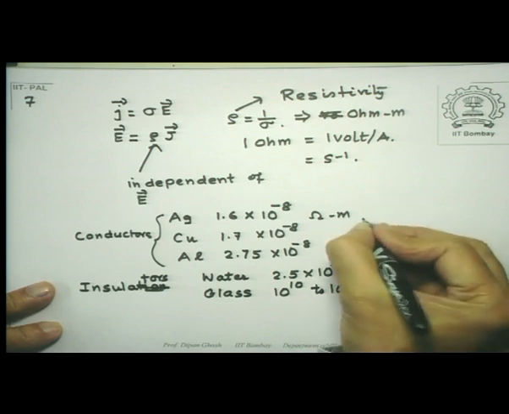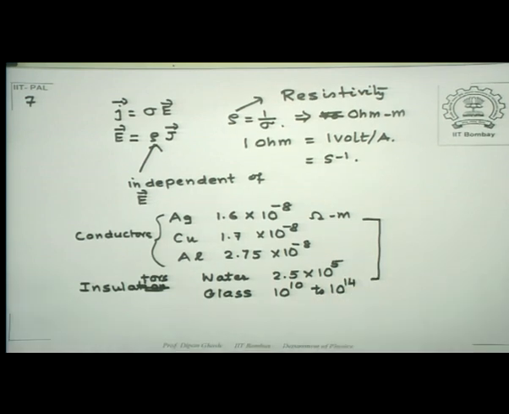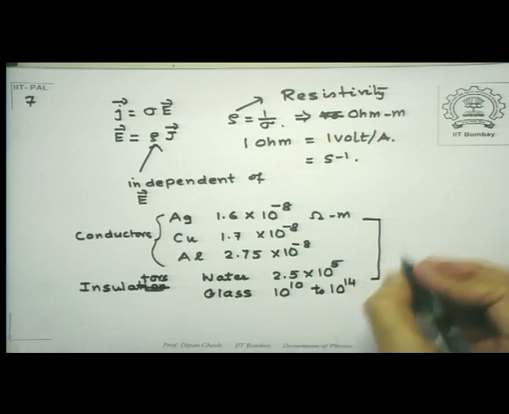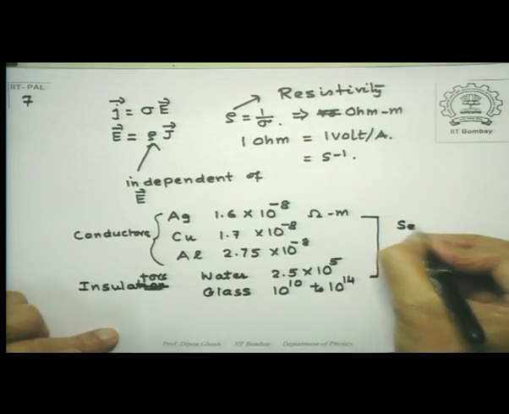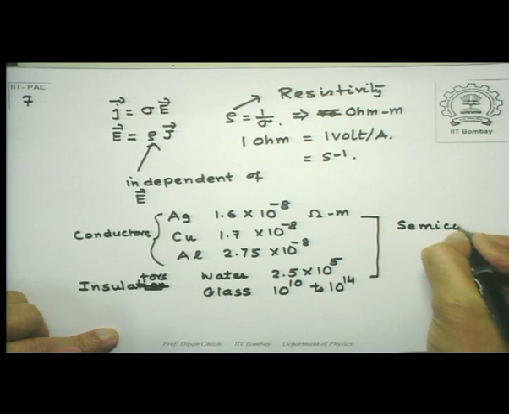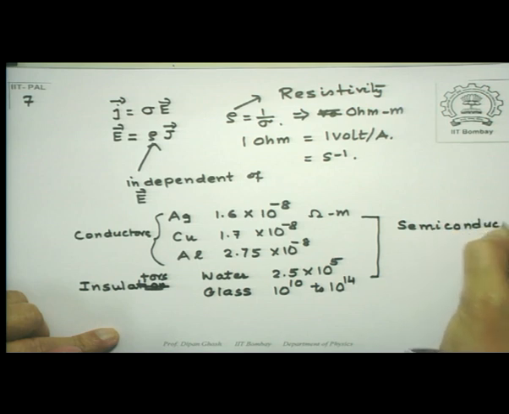Between these two classes, there is a class of materials which are known as semiconductors, about which you will be learning in detail in one of the later lectures. Semiconductors are generally insulators at low temperatures, and as the temperature rises, their conductivity increases.